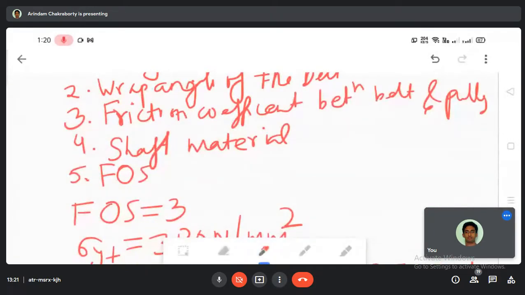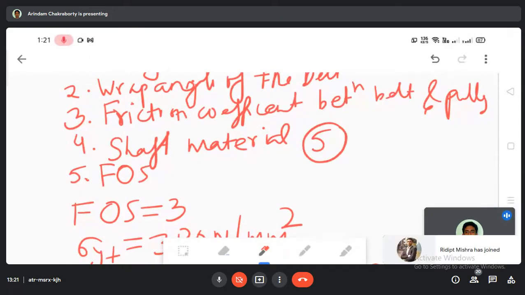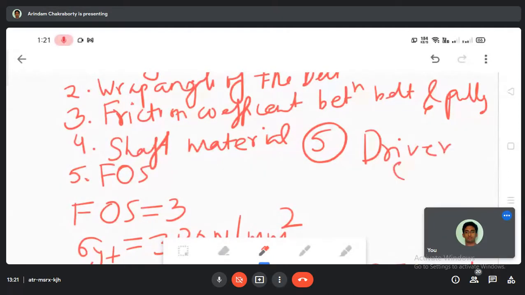Number 5 will be written: which pulley is the driver pulley and which is the driven pulley. Now this will be given in your question.